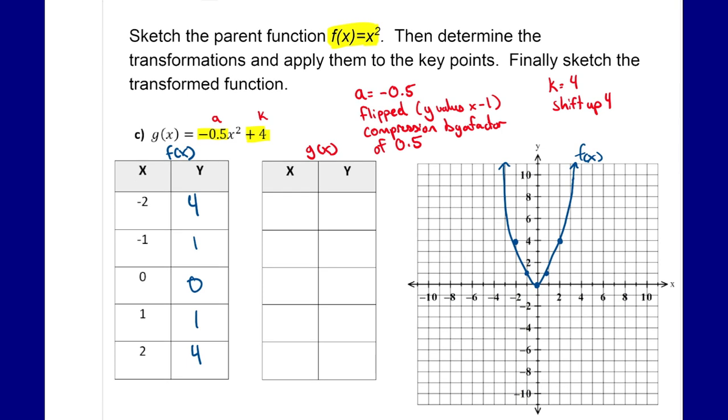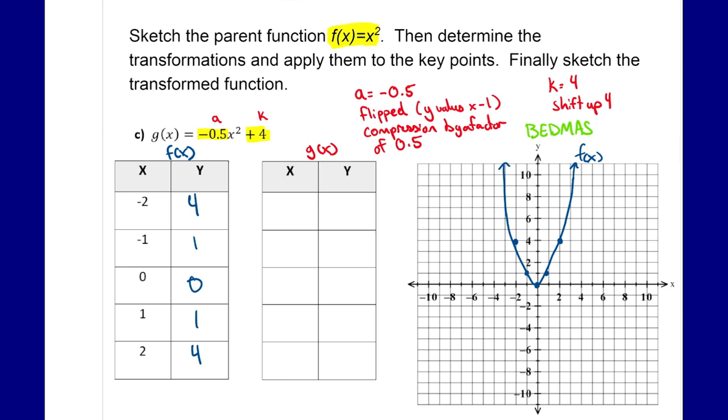The shifting up and down affects the y. The stretch or compression affects the y, as does the flipping of our function. So one thing we have to keep in mind when we're applying these functions is BEDMAS, because that is going to tell us the order that we do these transformations.